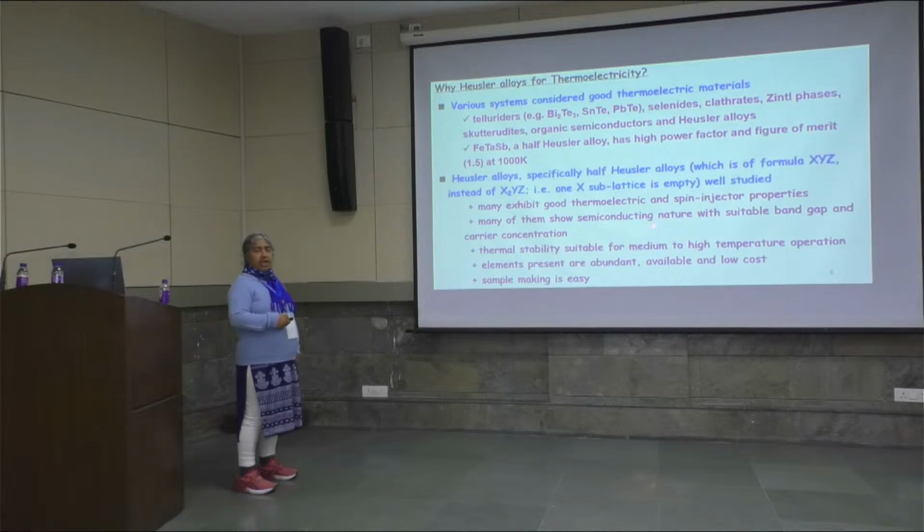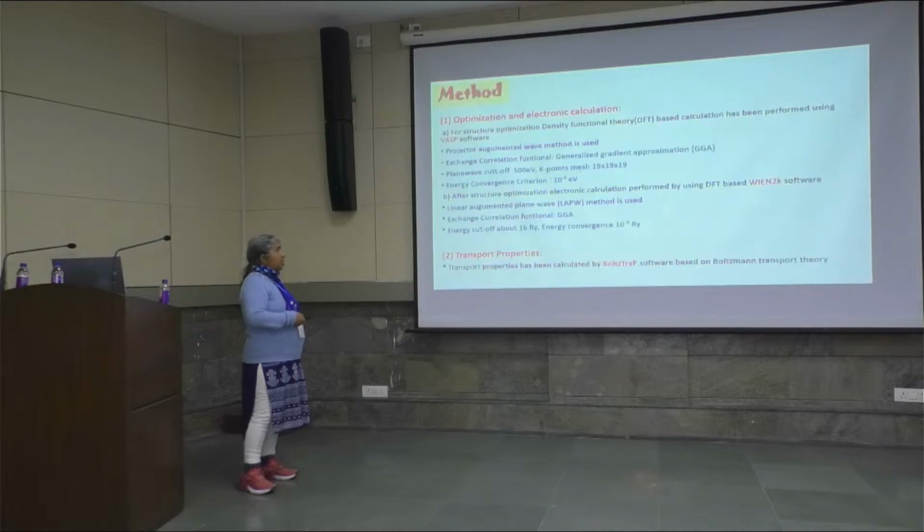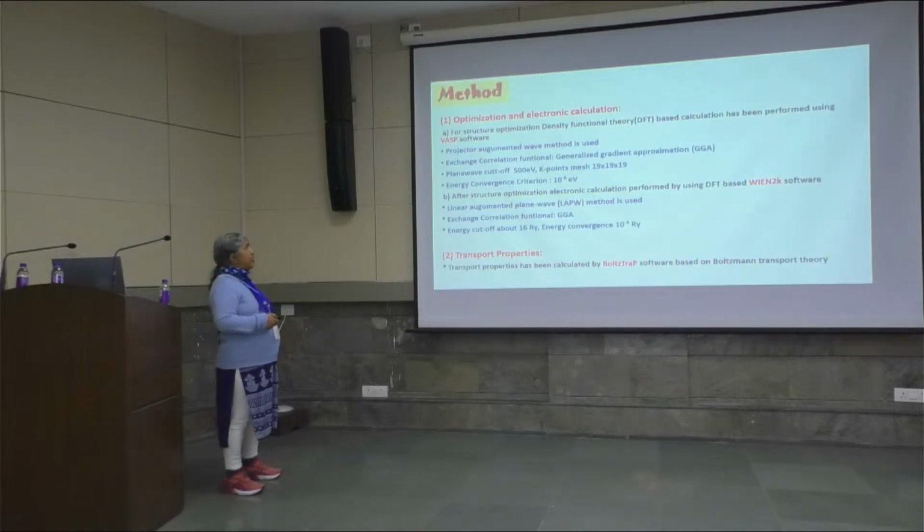Thermal stability is very good for medium to high temperature operation. The elements present are abundant, available, and low cost, and sample making is very easy. Because Vasundhara's talk was just before mine, the job for me became very easy. So, I am using density functional theory.